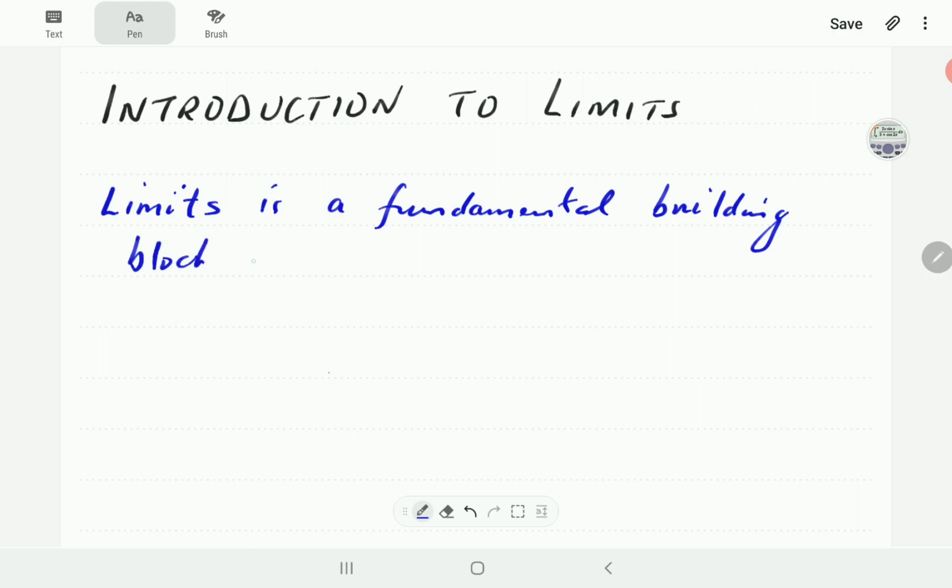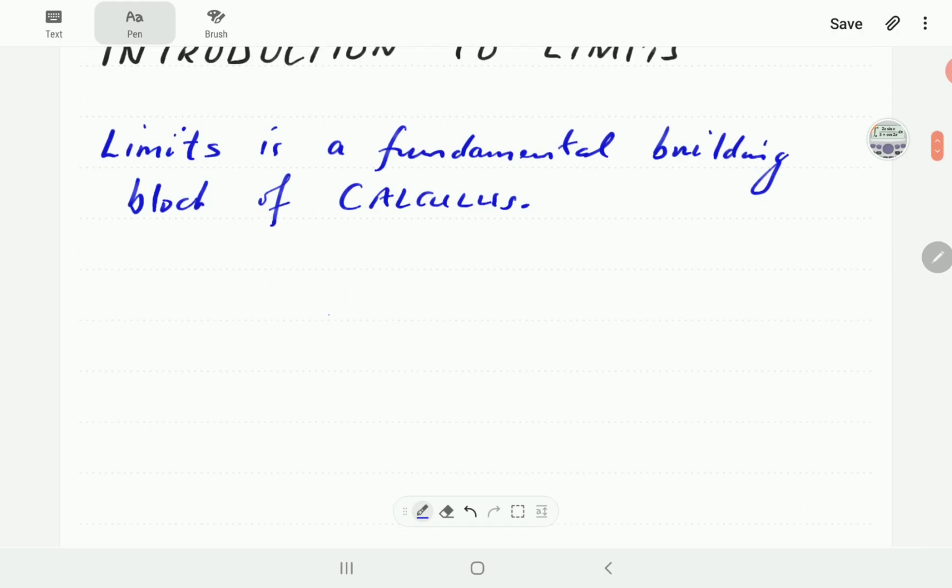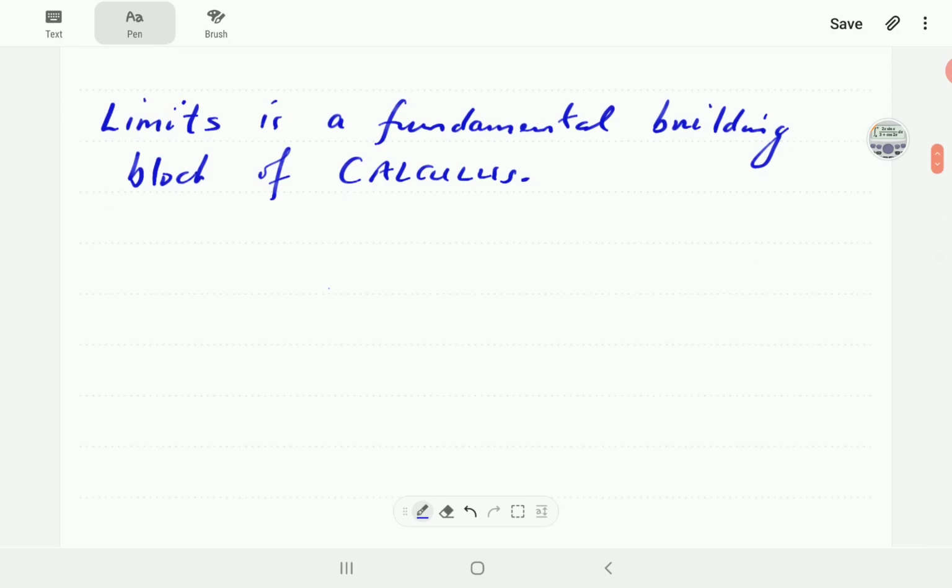Calculus itself is all about the study of rates of change. But here we're going to just focus on the subject of limits. So, let's consider the following function.